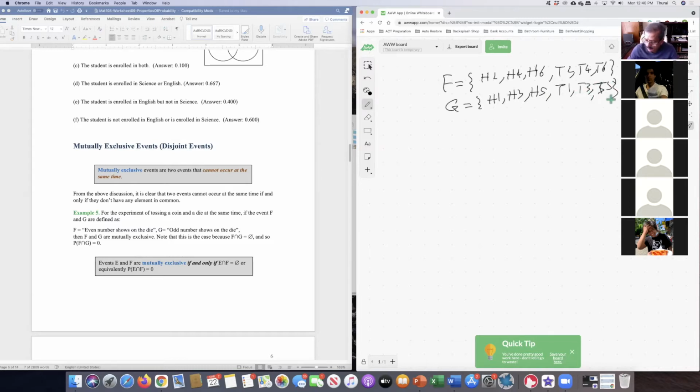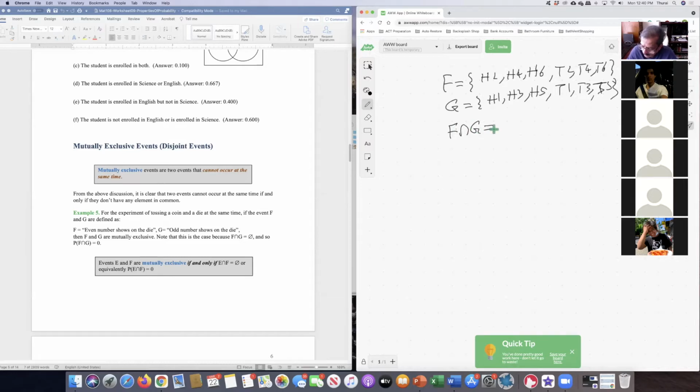All right, so the fact that they cannot occur at the same time is clear, but if you remember from the earlier discussion, the event of both happening is the same as the intersection. So F intersection G has to be the event of both happening.